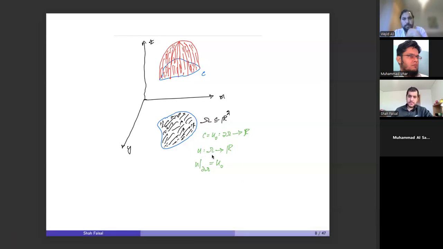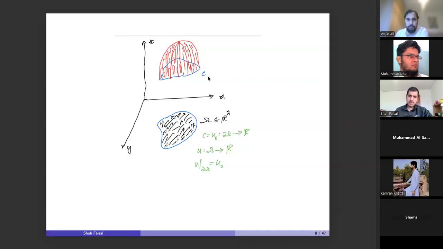Then if you take any other function u in the domain that agrees with this given function, the graph would be some surface with boundary on C. So this way you realize the surface through the graph of some function. And in calculus courses, you have studied that if you are given a function on some domain, then you can determine the area of the graph, which is basically this expression.